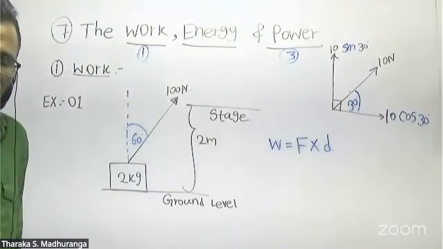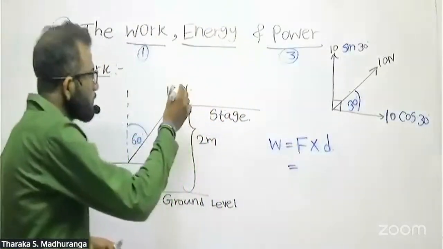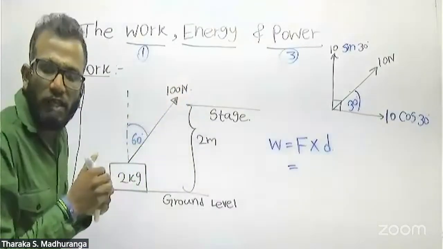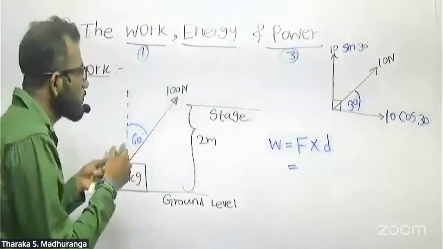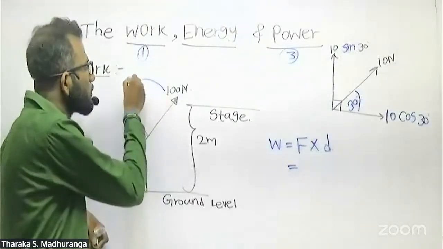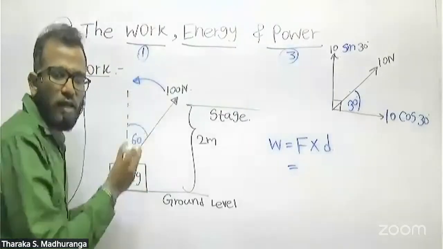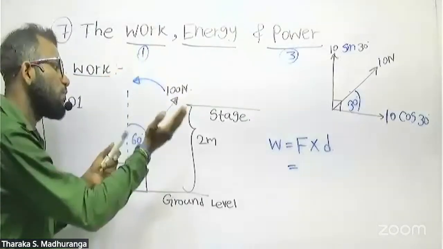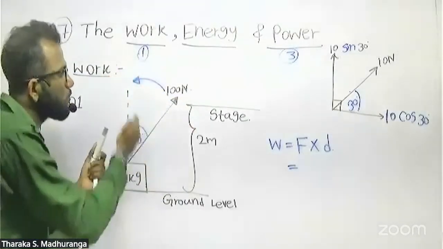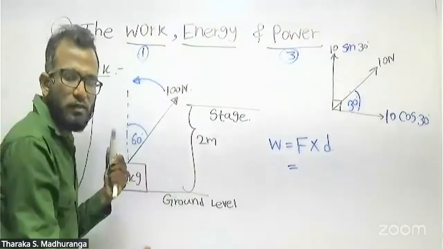Then the F is given, but it is not in the displacement direction. Therefore, what do you need to do? You have to resolve it into the displacement direction. This 100 we have to resolve into the vertical way, because the displacement is vertical.